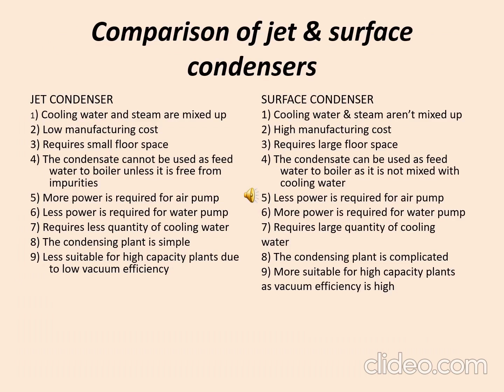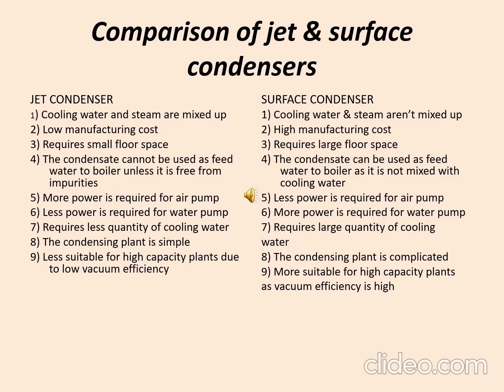Okay. In jet condenser, small floor space is required, but in a surface condenser it requires large floor space. Okay. Then next, the condensate cannot be used as feed water to the boiler unless it is free from impurity, because here it is mixed type, all the water and the exhaust steam which is coming from the turbine is mixed here, so there is a chance for impurity.